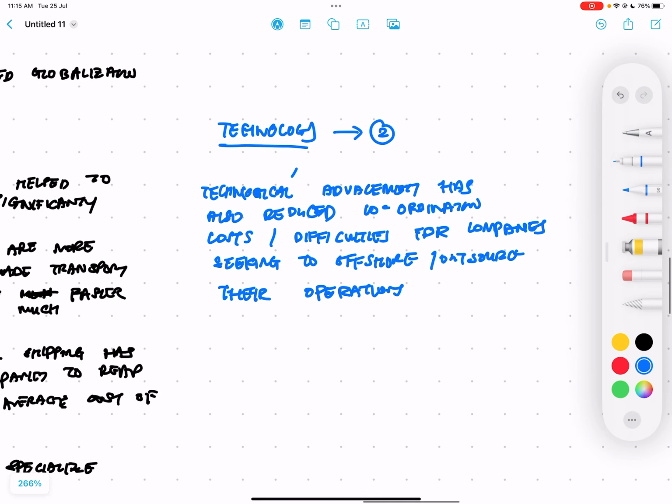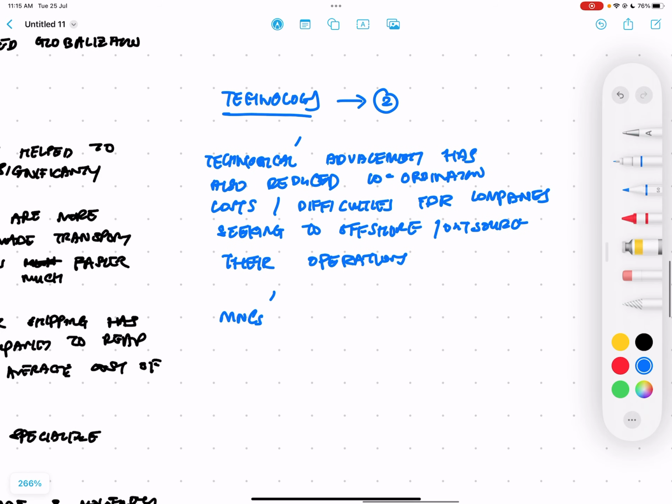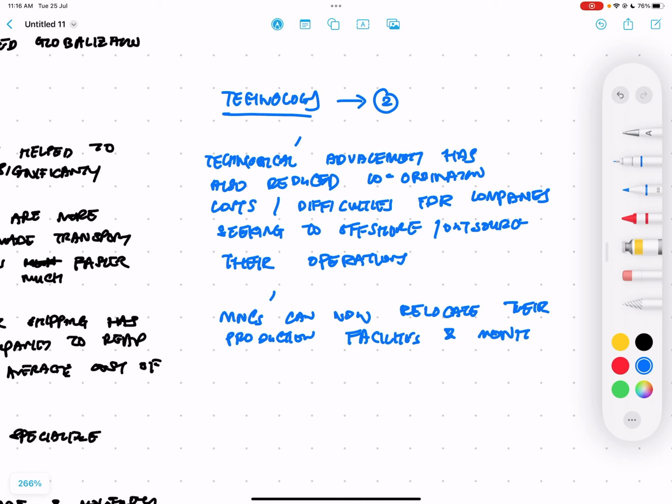So foreign MNCs can now relocate their production facilities and monitor their operations remotely, without having to be physically present.